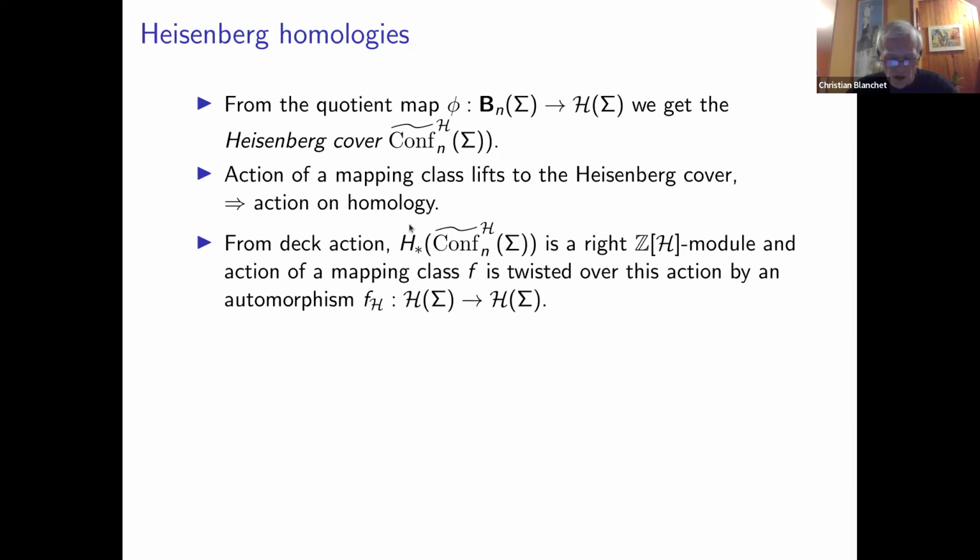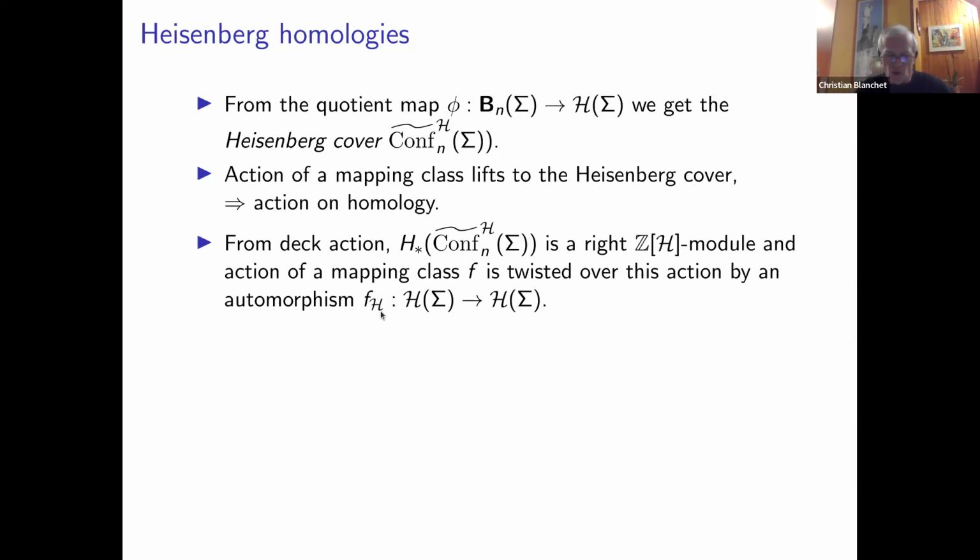So we know that on the covering space, we have a deck action of the group, and this will make the homology a right module, because I'm writing on the right with my convention, over the group ring of the Heisenberg group. And if we think a bit about this, the action of a mapping class is twisted over this action by an automorphism.